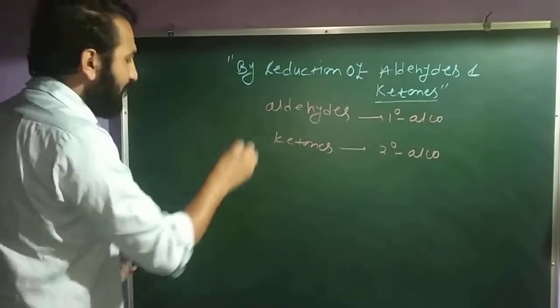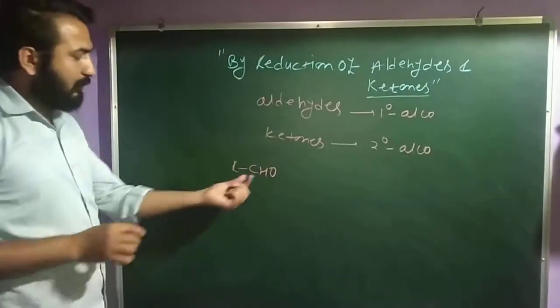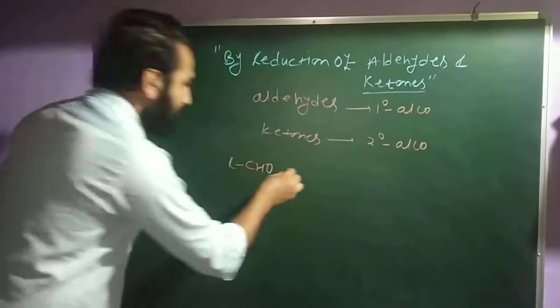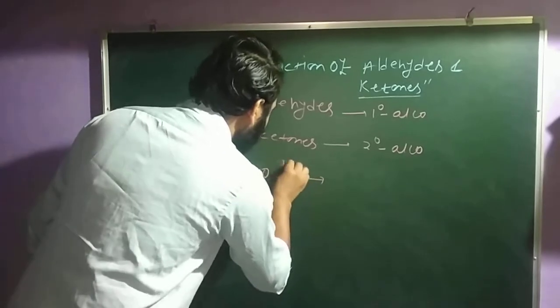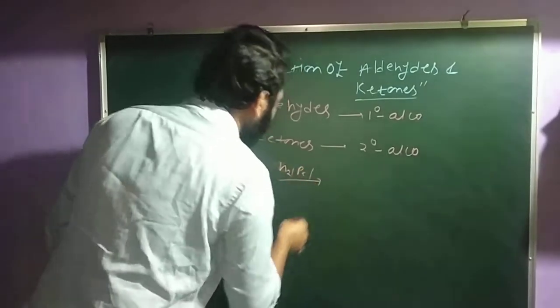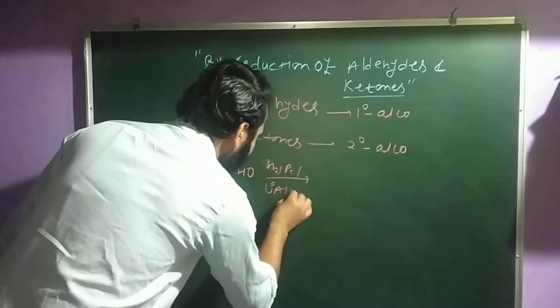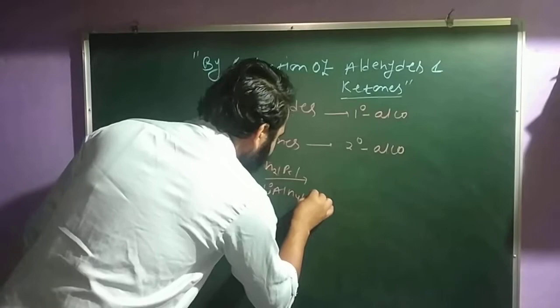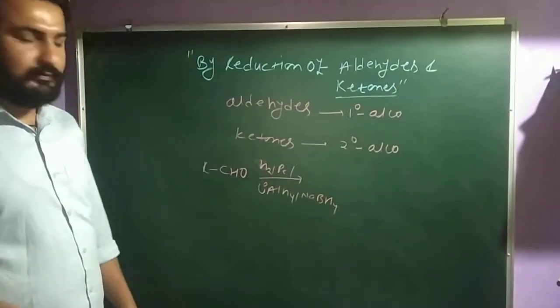Clear? So for aldehyde you have RCHO. The CHO group stands for the aldehyde. You are doing reduction. You can use H2/Pt, or you have lithium aluminum hydride, or you can take NaBH4.